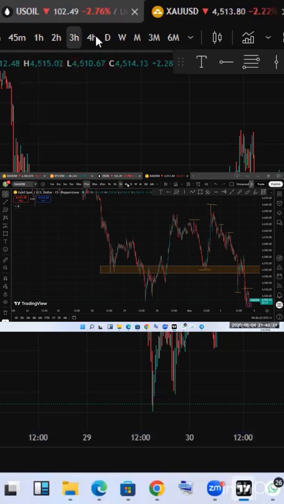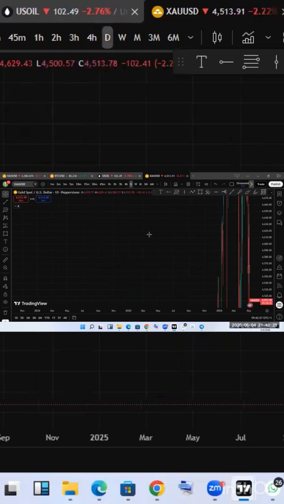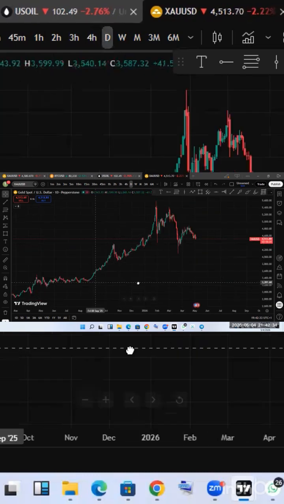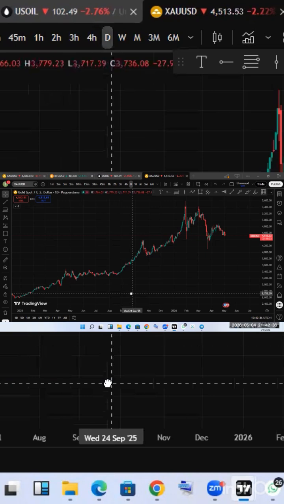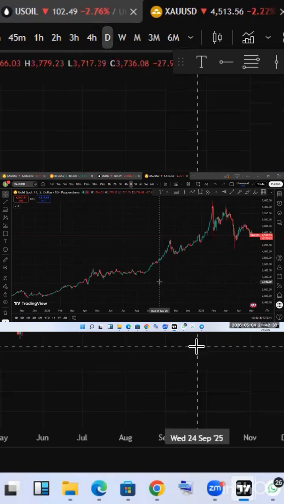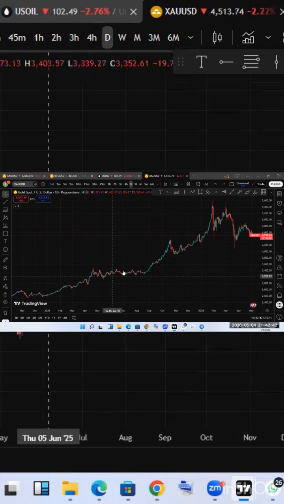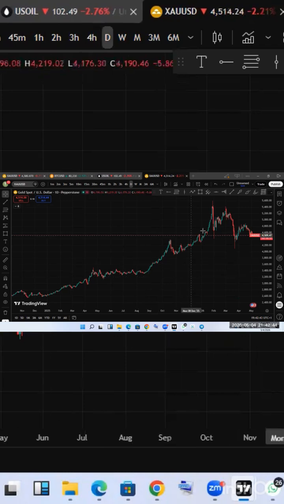Let me go to daily. From daily, we'll see an uptrend, since the market is. So this is what we call an uptrend. We can see from this zone, from here, the market has just been buying. In here, this is an uptrend, because the market keeps buying.